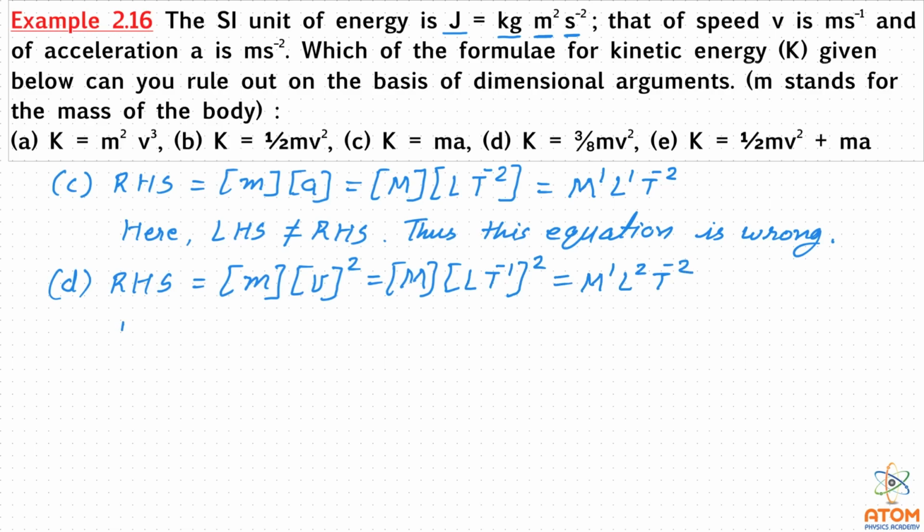Now for this equation, the left hand side and the right hand side is having same dimension formula, so it is same, because the left side was having dimension formula M1 L2 T minus 2, and the right side is also having the same dimension formula.